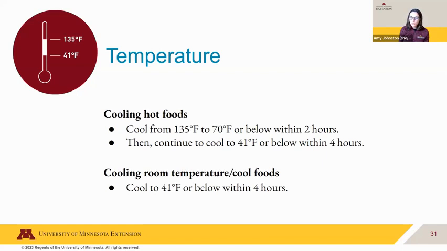Cool room temperature foods, or foods that were cold, to 41 degrees Fahrenheit or below within 4 hours. Cooling strategies can include an ice bath, dividing the food product into smaller quantities, or if you're in a fancy kitchen and you have a blast chiller, that's a great tool to use.